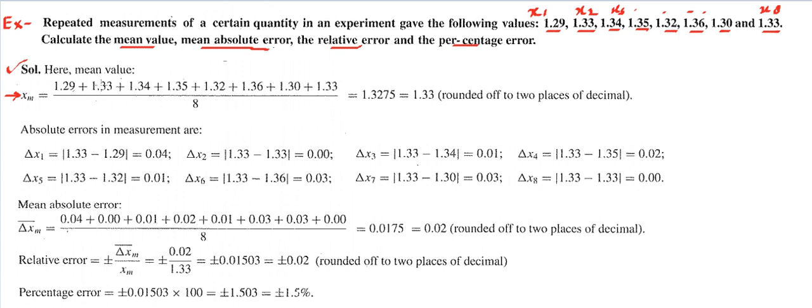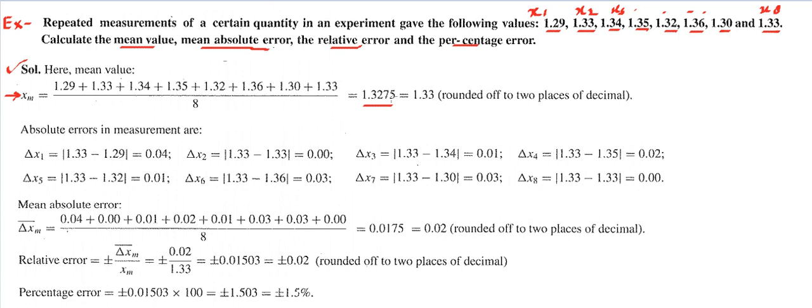Now let's put these values in, and this is going to be the sum of these numbers divided by 8. After doing this calculation, you will find this answer. Then we represent this answer in the appropriate number of figures after rounding off.